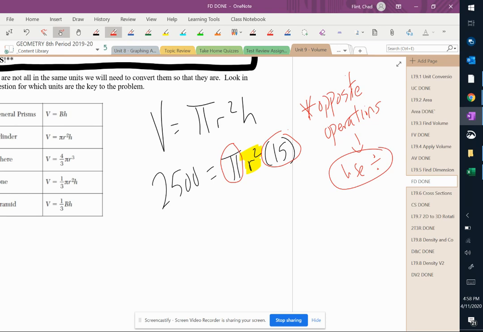Last year, I realized that it was just better to use the fraction piece of a calculator to do this. So I'm going to divide the pi and the 15 away from there. And what that's going to do is get rid of that and leave it with r squared.